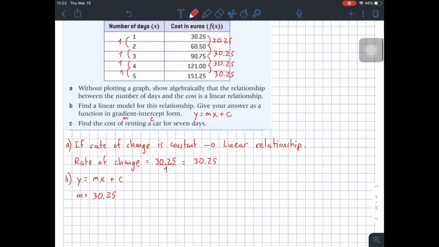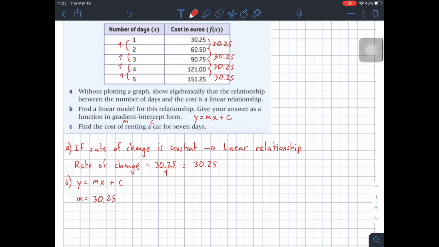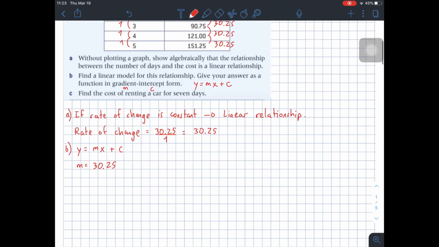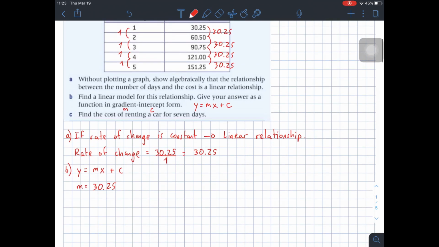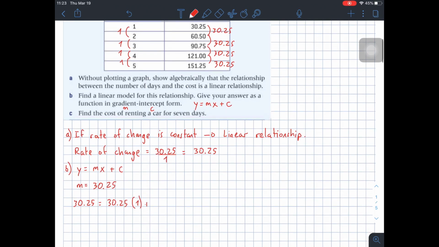In order to find the value of c, we can plug in any of the points of this graph. We could use this one, or this one, or this one, and so on. It's easier if you pick the smallest numbers, so we're going to use this as our given point. So y is 30.25, our slope is also 30.25, x in this case is 1, it corresponds to the first day, plus c.